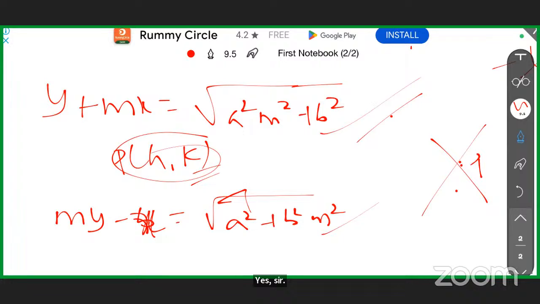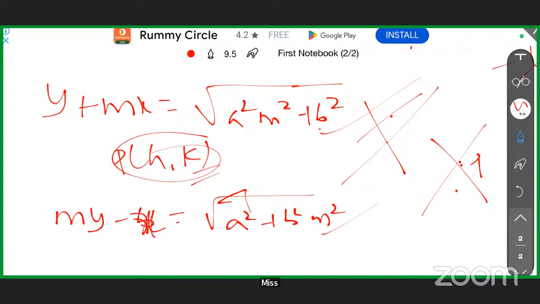Now, I've taken my point of intersection as P(h, k). This point is common for both the lines. Both lines are passing through that point. That means both the lines should satisfy that point. If I put that point in the equation, both should satisfy.